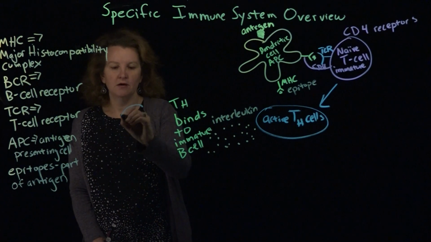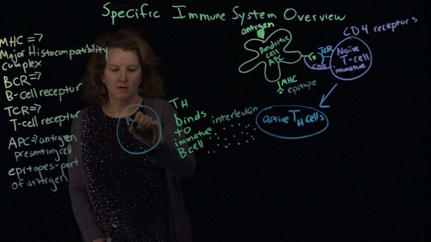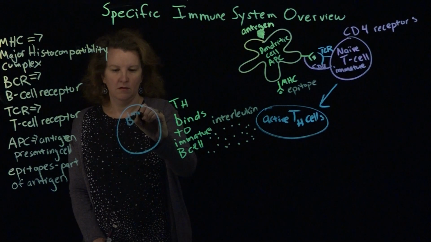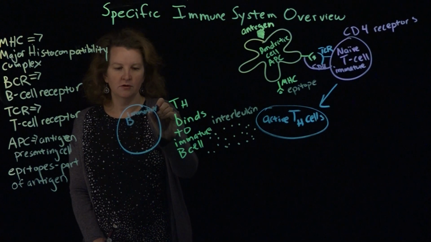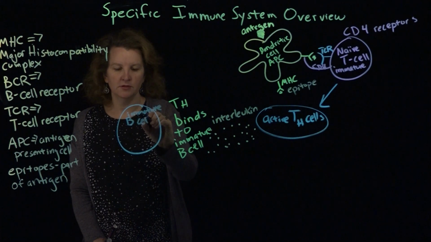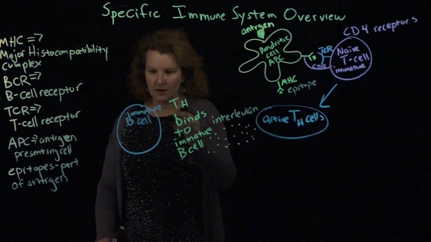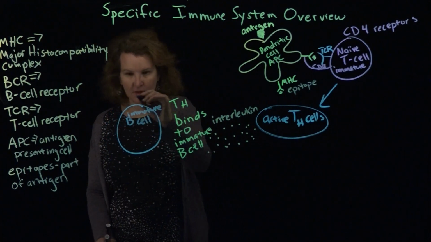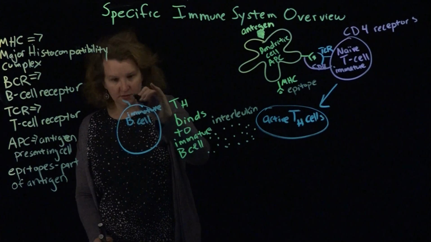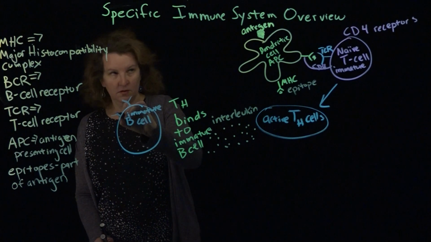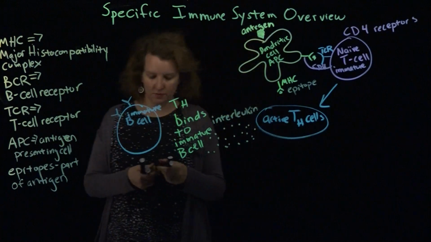Now the B cell, we'll call it immature, and again there's different terms, also is going to interact with the antigen on its BCR. Get our antigen back over here.